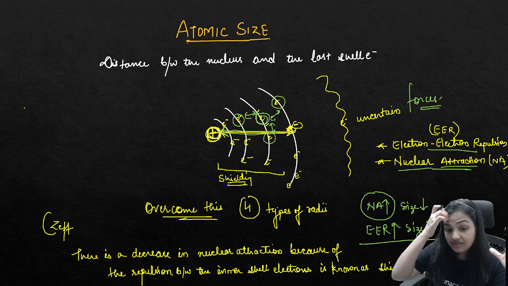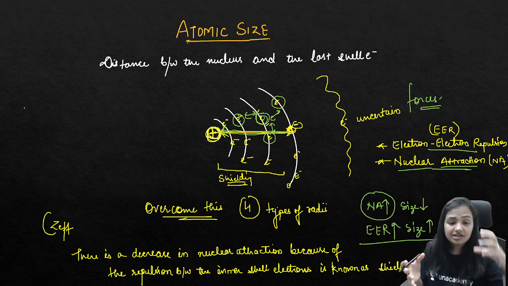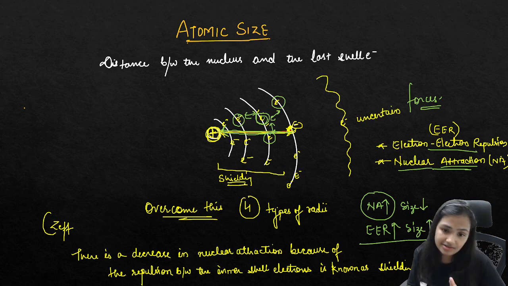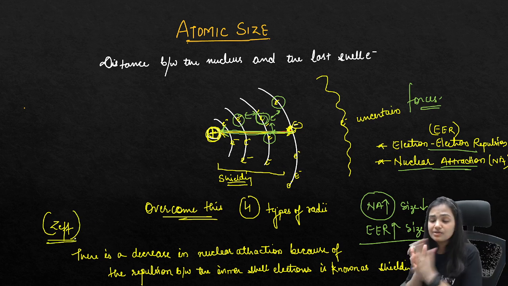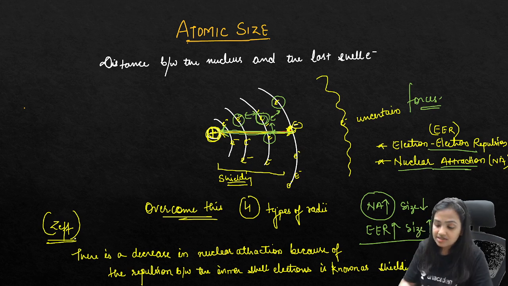When they do good shielding, the size increases, and when they do poor shielding, the nucleus will be able to attract the last shell electron more tightly and the size decreases. So that will be called the Z effective. We want to determine what the effective nuclear charge is. So this is it.